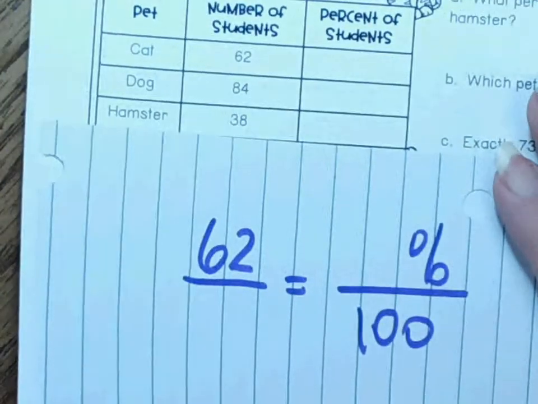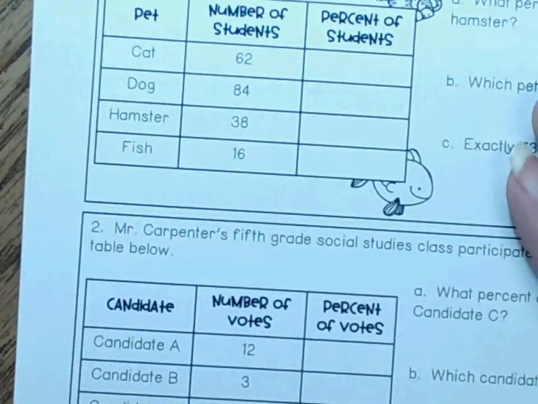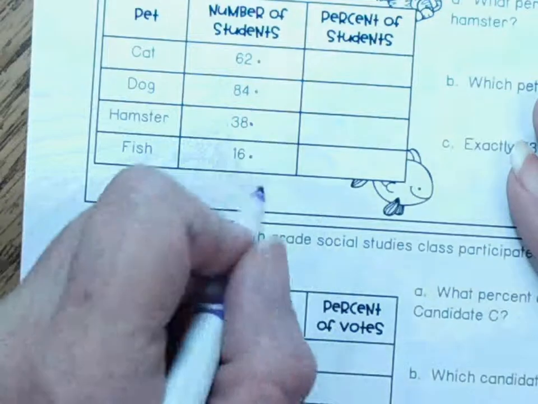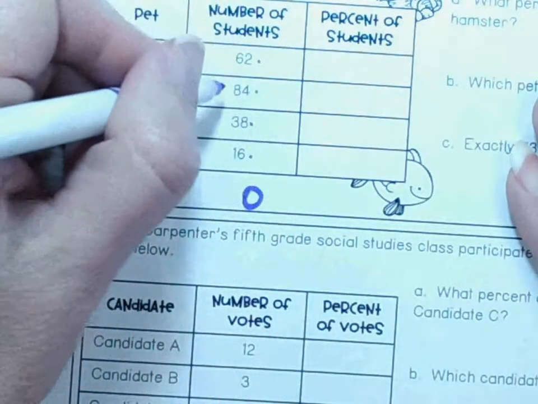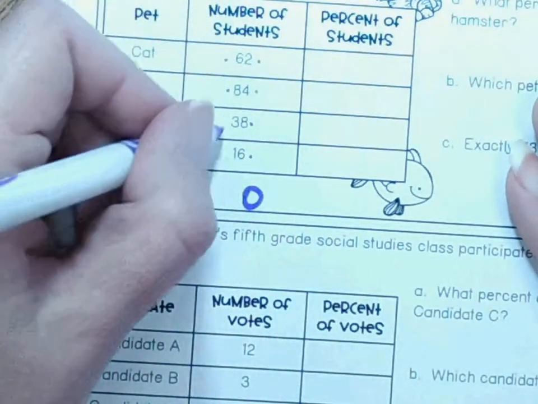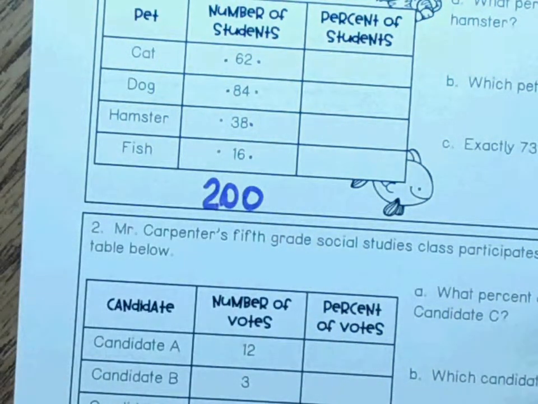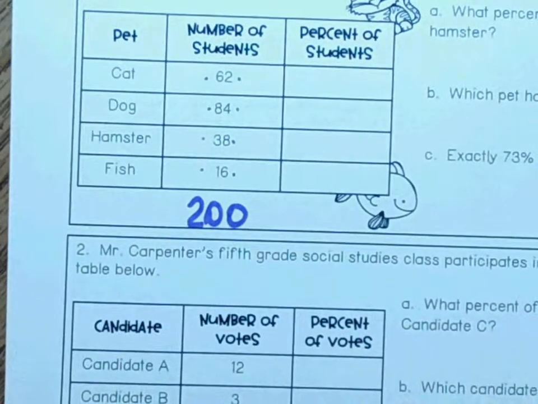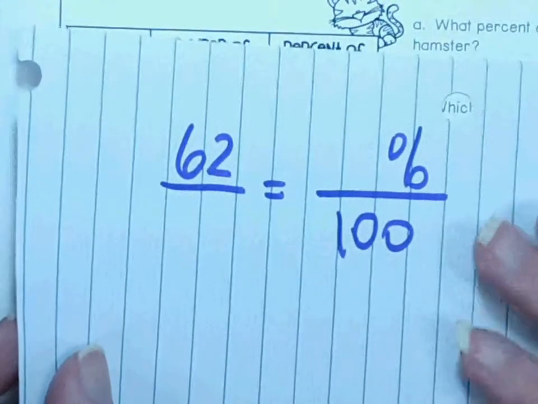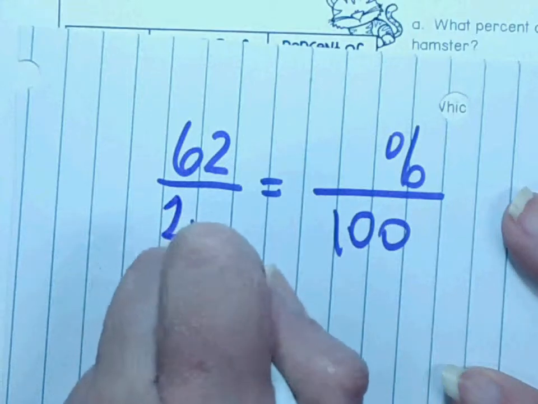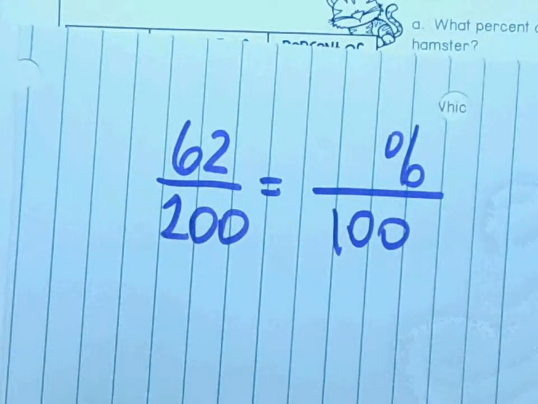So let's go back and add up all of these pets real quick. So we have 200. Okay. So going to my percent proportion, I would put 200 down here, because it's 62 out of 200.